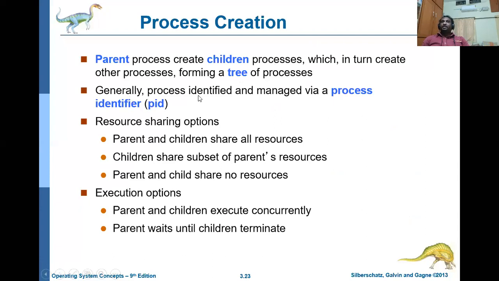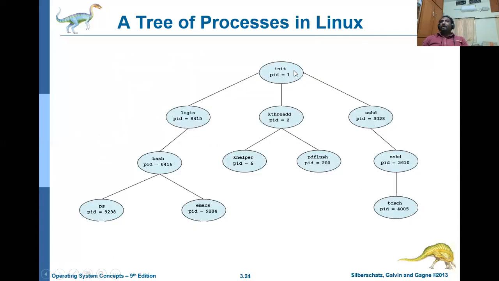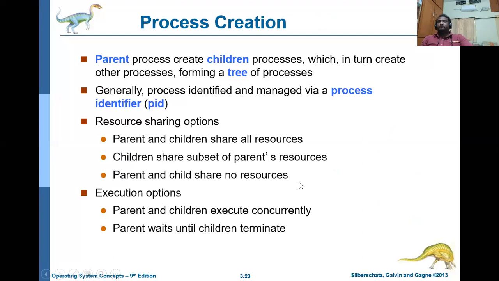Generally, a process is identified and managed using something called the process identifier, PID. Every process has a unique process ID. In the process control block, we have seen the process number, process state, program counter. So every process has a process number, a process ID.